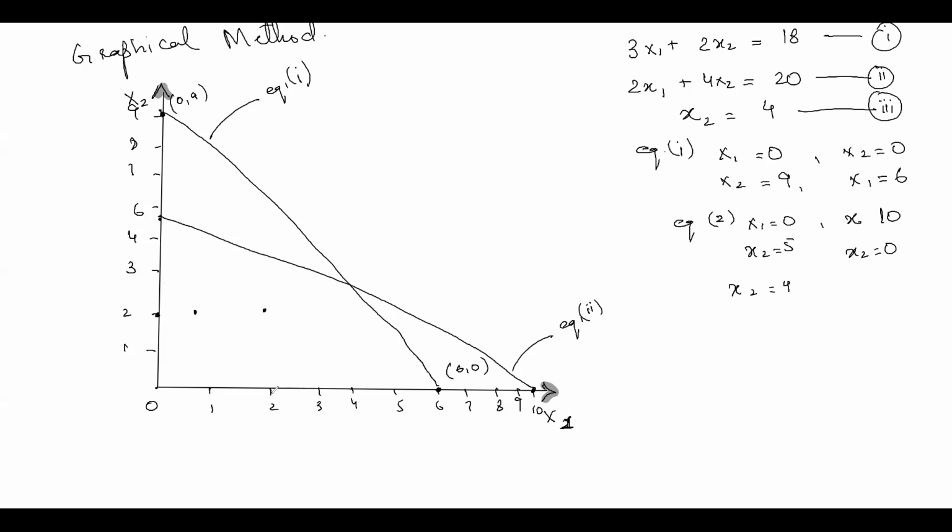If x1 becomes 3, it still remains there. So we got this, and what happened here is we drew these three lines. This one is equation number 3.